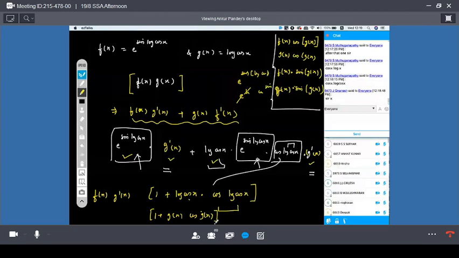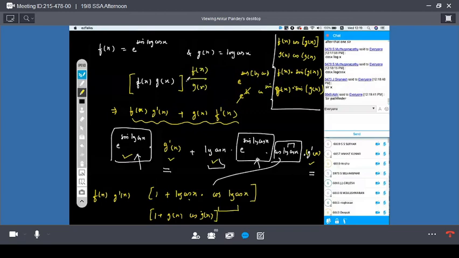Whoever has given this, what is the source of this question? Because the options which are coming now, I feel they are asking the differentiation of f of x with respect to g of x. Pathfinder, same 45 question, same chapter. Okay, can you check?